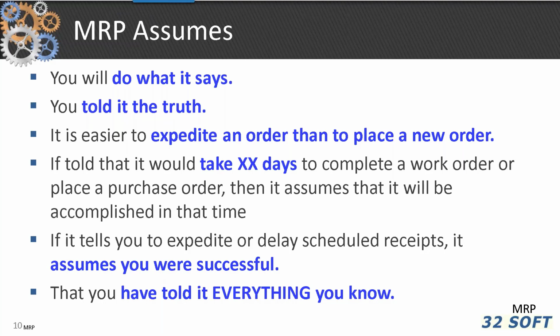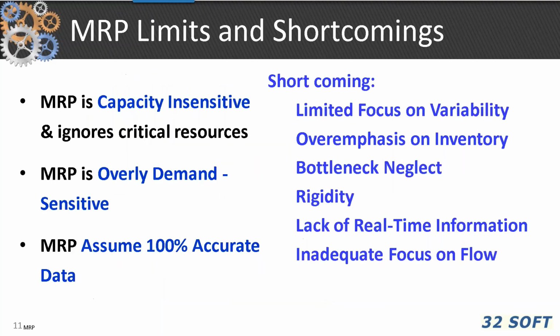Do not use spreadsheets. MRP does have its limits, but if we're aware of them, we can plan and accommodate for these shortcomings. First of all, MRP is capacity insensitive in that it ignores critical resources. That's why we do rough resource requirements planning and rough cut capacity planning above MRP and capacity requirements planning below MRP.